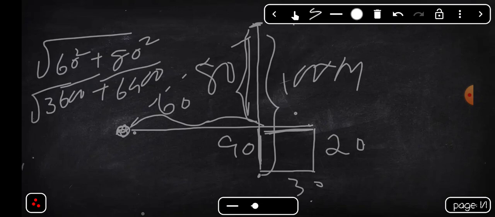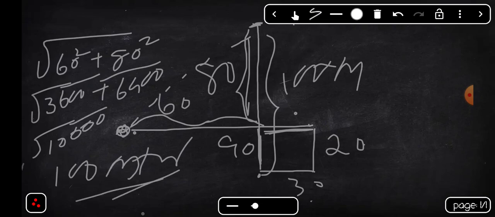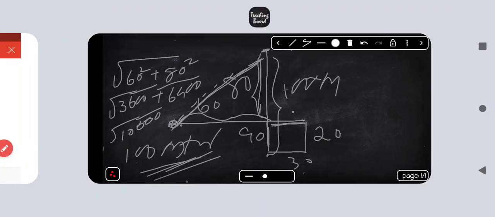That means root 10,000, which is 100 meter. The distance between the starting point and the ending point is 100 meter. This is the answer. I think you got the point.